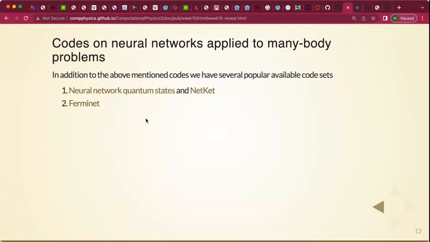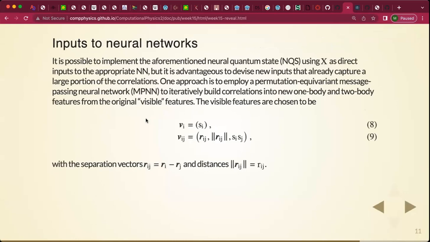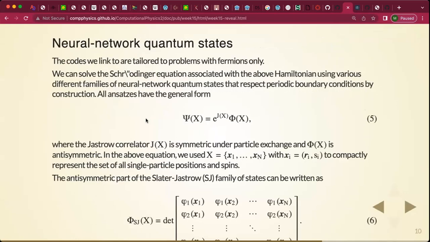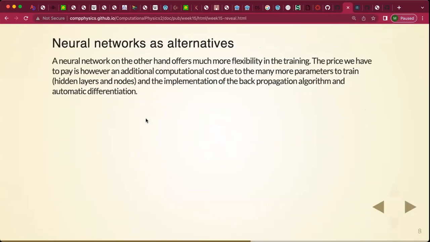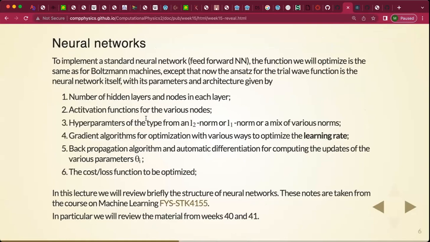So if we then go back again, if you want to look more at the implementation of a neural network, I wanted now just to quickly remind you, because this in a way favors a little bit those of you who have taken a course on machine learning and you've written your own neural network code.